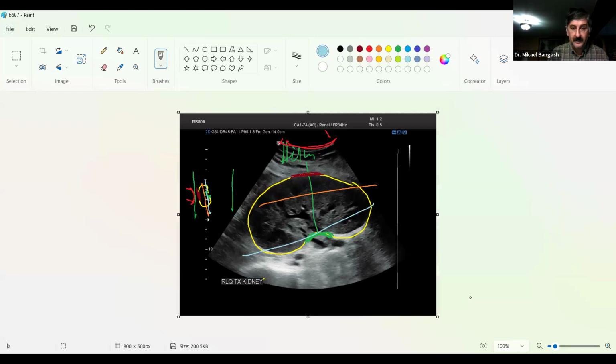Okay. But what do we see here? If you look at the kidney itself, now what do you see here? Let's just make some bright colors. I'll choose something else. What do you see here? This is a bright reflection, right? Where you can see this area here, all this here, is relatively darker, right?